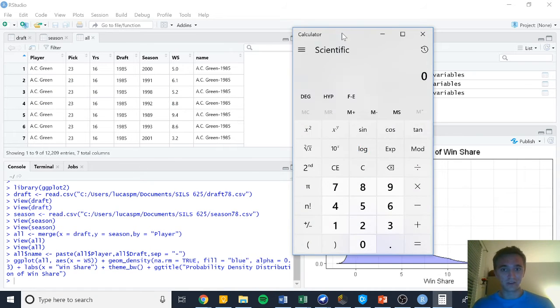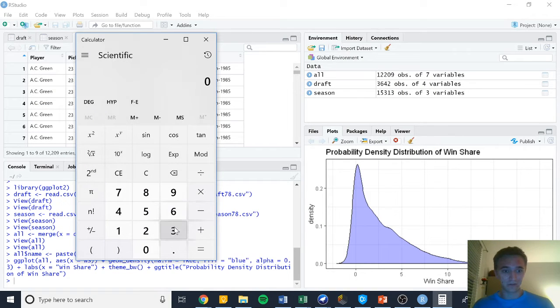And I did some quick math here that I'm going to use later on. So, like I was saying, there are 30 teams, and there are 41 win shares for an average team, a team that wins half their games. So there's that many for the entire league, and then there are 15 players on each roster, and so there are 450 total players in the NBA.